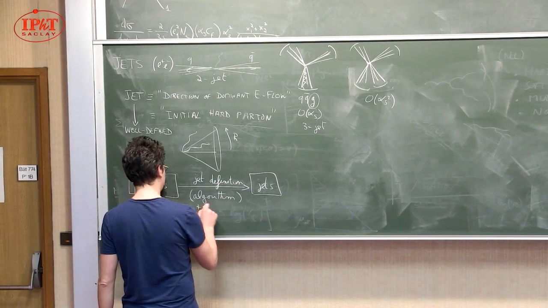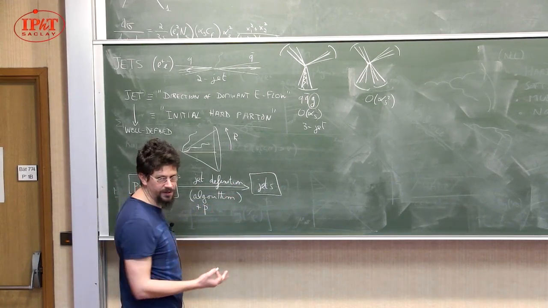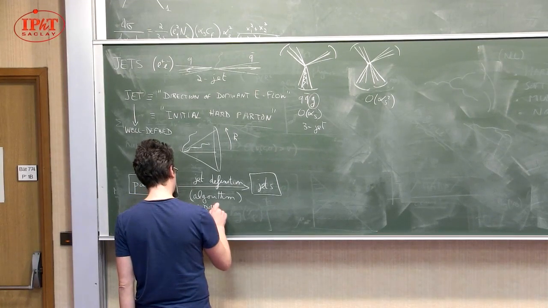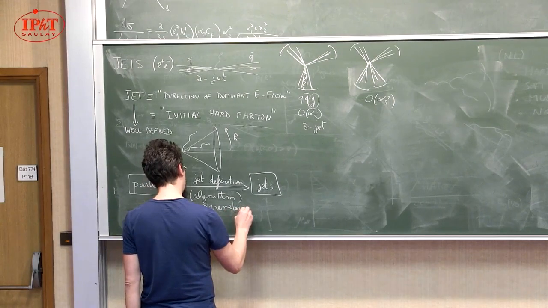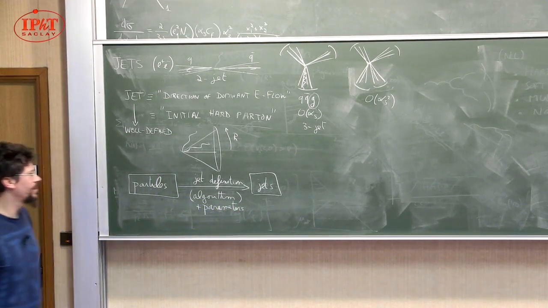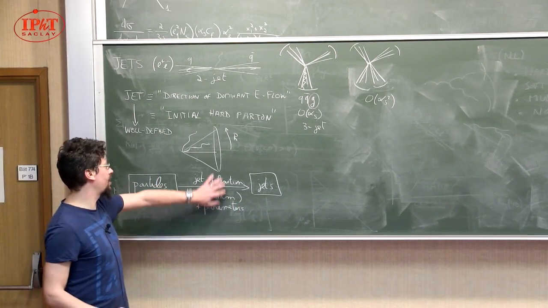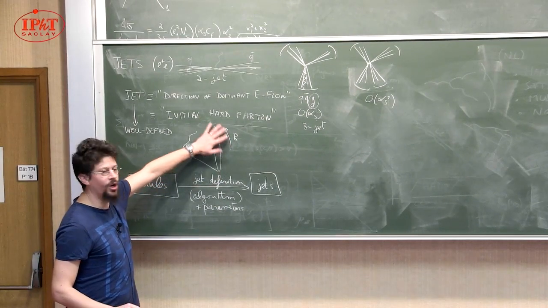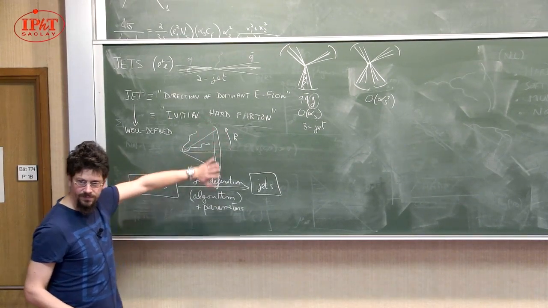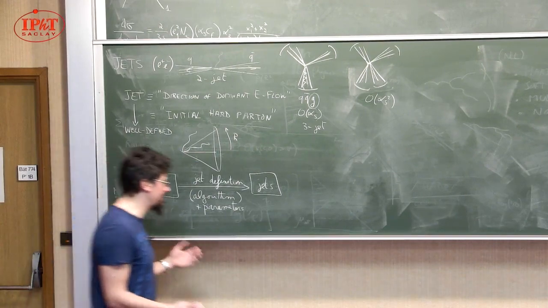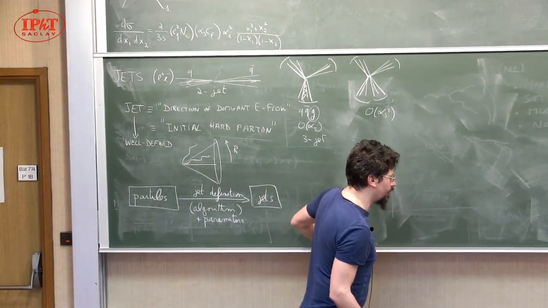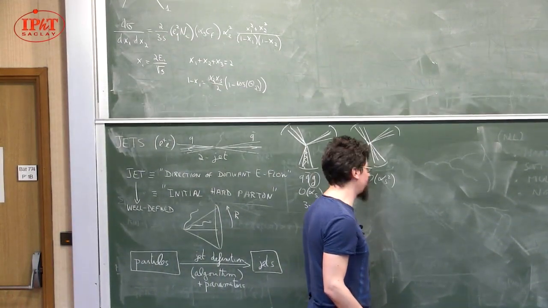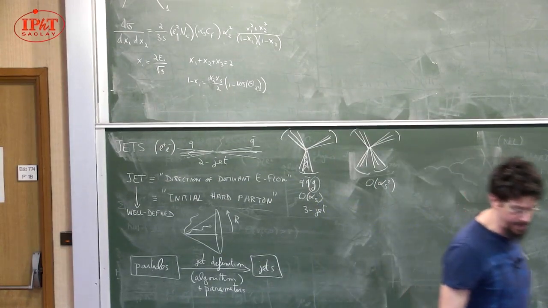And then the extra thing you need to specify is that the recipe can have parameters. And so to define jets uniquely, you also need to specify these parameters. Typically, these parameters are going to tell you what collinear means, essentially: to what extent two things are collinear, and when do you stop calling them collinear.